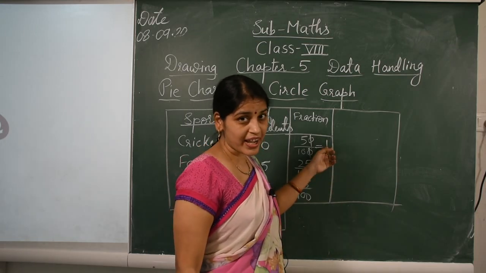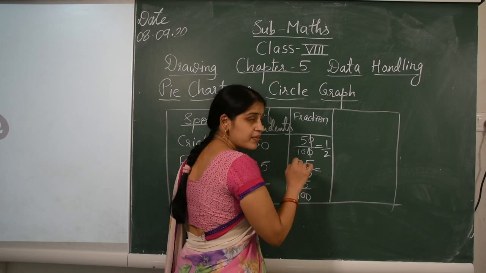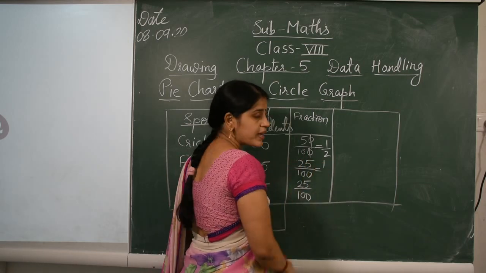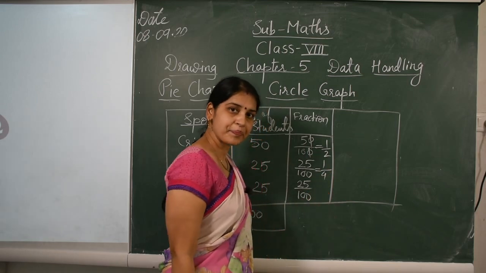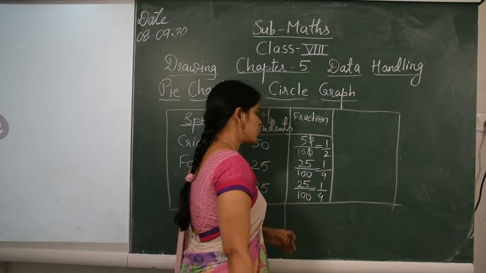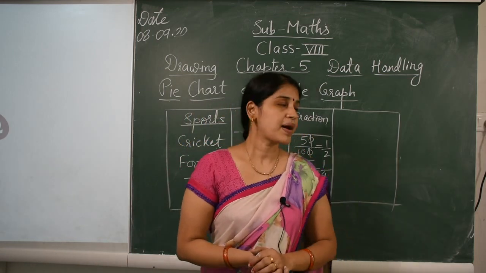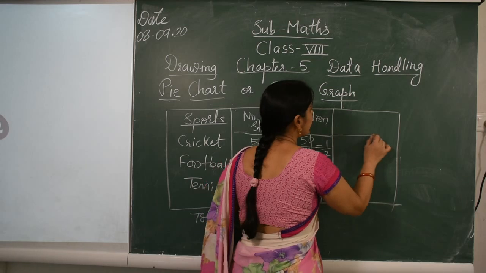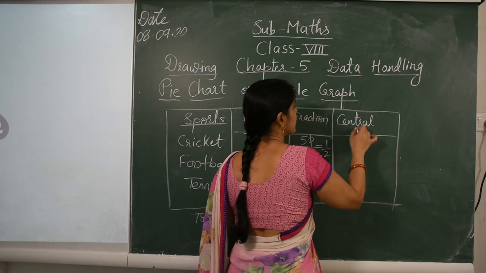So now what is our fraction? 1 upon 2. Now this one we have to cut. So 25 ones are 25 and 25 fours are 100. Then the third one again the same. So it is 1 upon 4. Now in the next part we have to find its central angle.